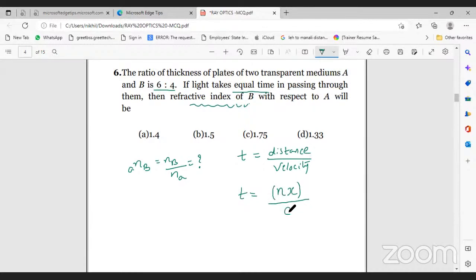Velocity of light I can denote with c. So what is the formula for the time in terms of refractive index and the thickness? Time is equal to refractive index into x divided by what? C. Yes, sir. Here you have to remember the distance is given by n into x if there is a medium.